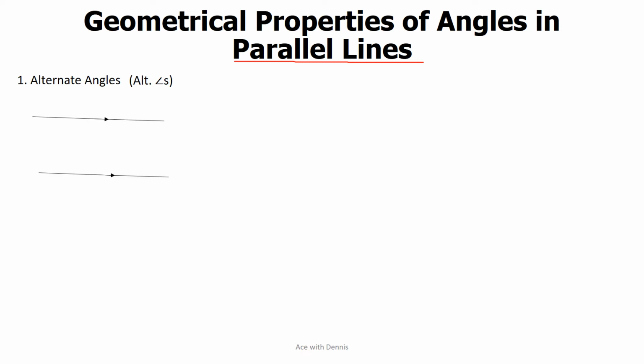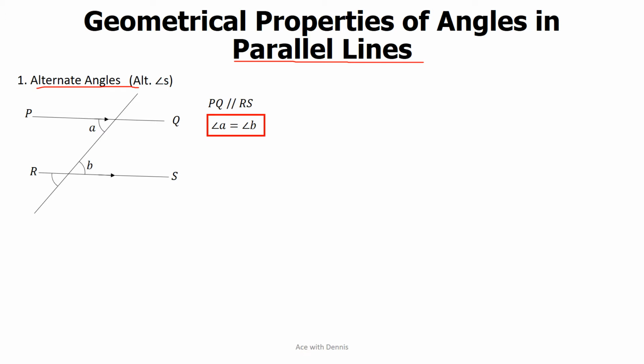Let's label it as line PQ for the first line and line RS for the second line. And we can say that PQ is parallel to RS. And now, let's draw a straight line, and we label this angle as angle A. This angle is angle B. Under this property, alternate angles, angle A equals angle B.